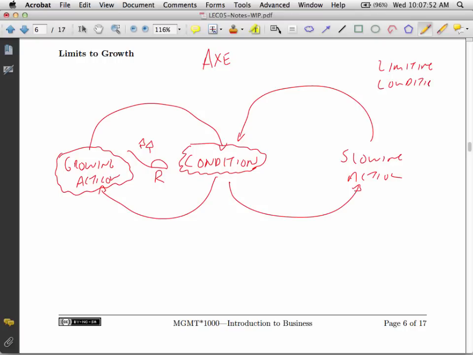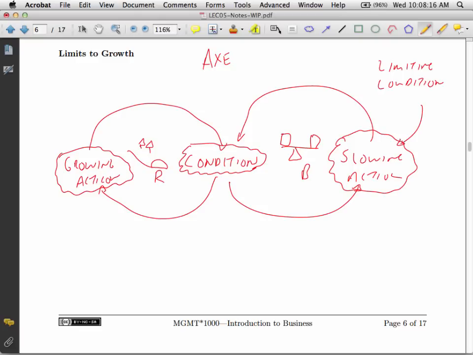So that was a limiting condition that goes in there, and this is a balancing loop. So we'll put that in there. And so we have this growing action for a while, and then we have slowing action which takes over. And we have some limits to growth, some limiting condition.